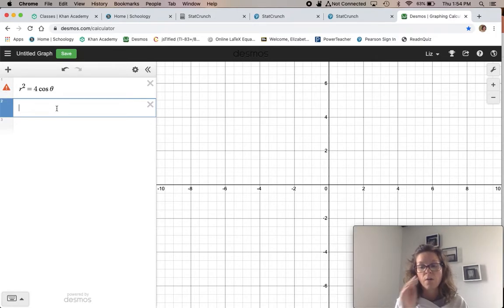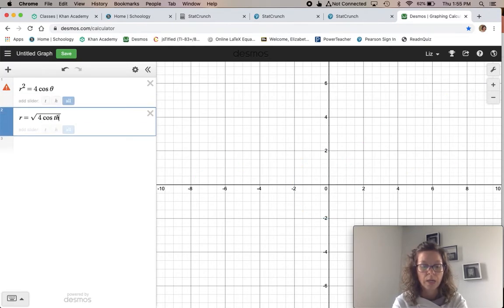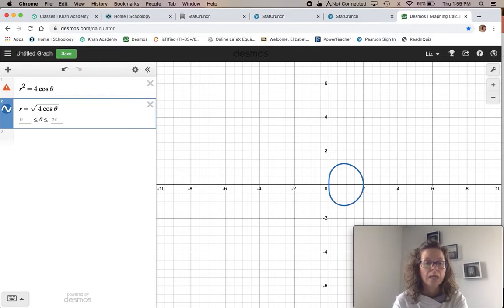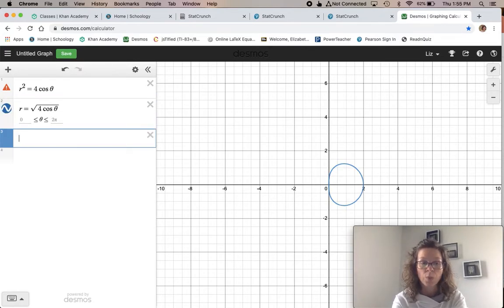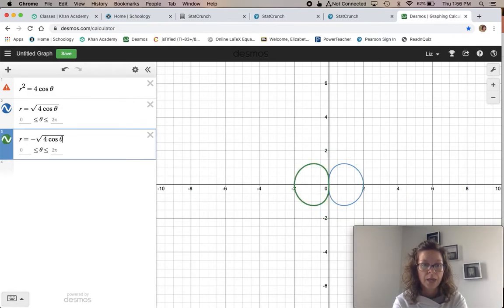So I need to solve this equation for r by taking a square root. So r equals the square root of 4 cosine theta. And then remember, when we take a square root in algebra, we also get a negative, so I get this negative square root of 4 cosine theta. And this is actually both of these curves together. It's not one or the other. Both of them are the graph because of that plus and minus.